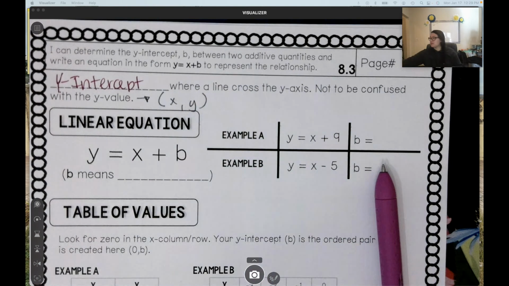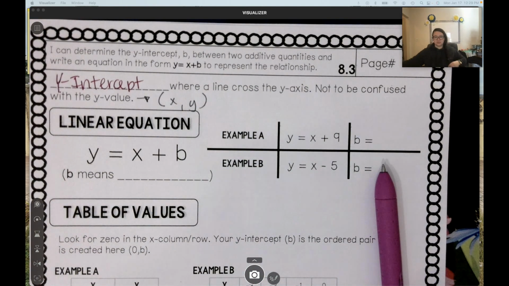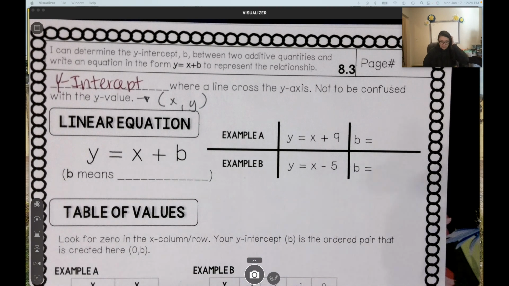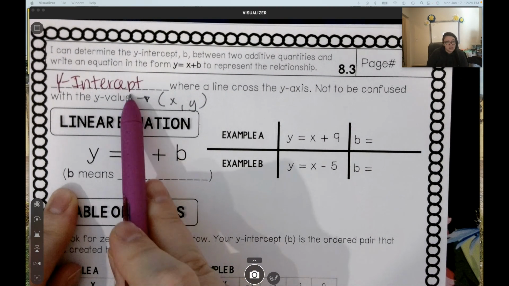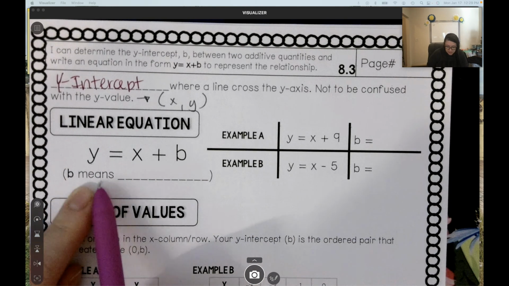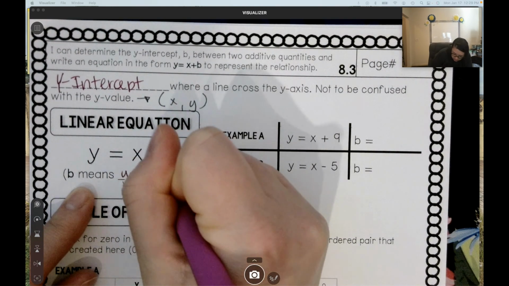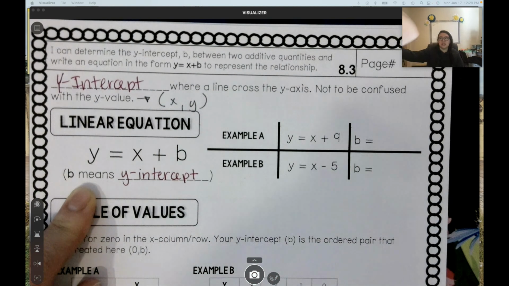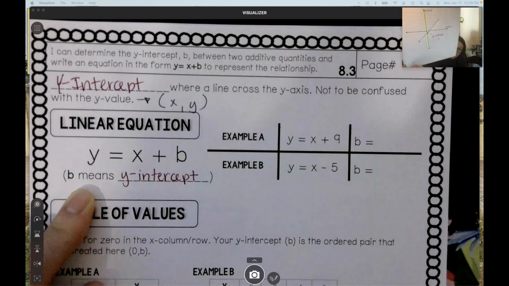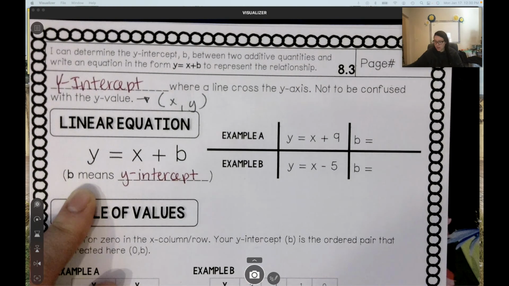We're talking about this on a graph. So again, our b is the exact same thing as our y-intercept. That is that one tiny little point where my graph crosses the y-axis. That is my b. That is my y-intercept. Those are synonyms. They mean the same thing.